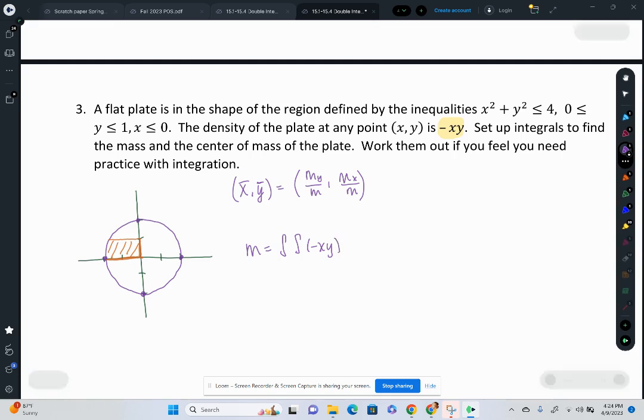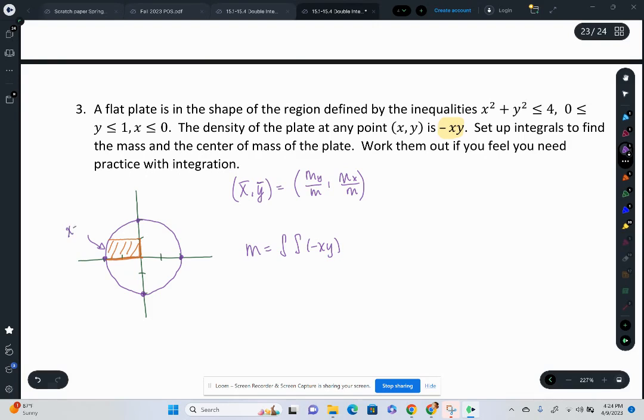And now I need to figure out how I should handle this region that we're dealing with here. Well, it looks like I should probably treat this like a type 2. I'm looking at the leftmost side of that region, and it's part of the arc of the circle. I have the equation of the circle, so maybe I should just solve for x. x squared plus y squared is less than or equal to 4.